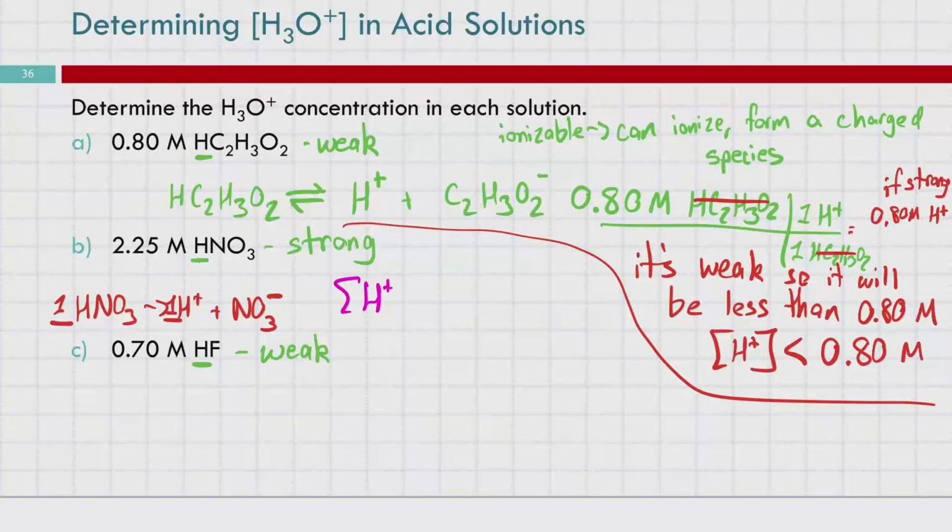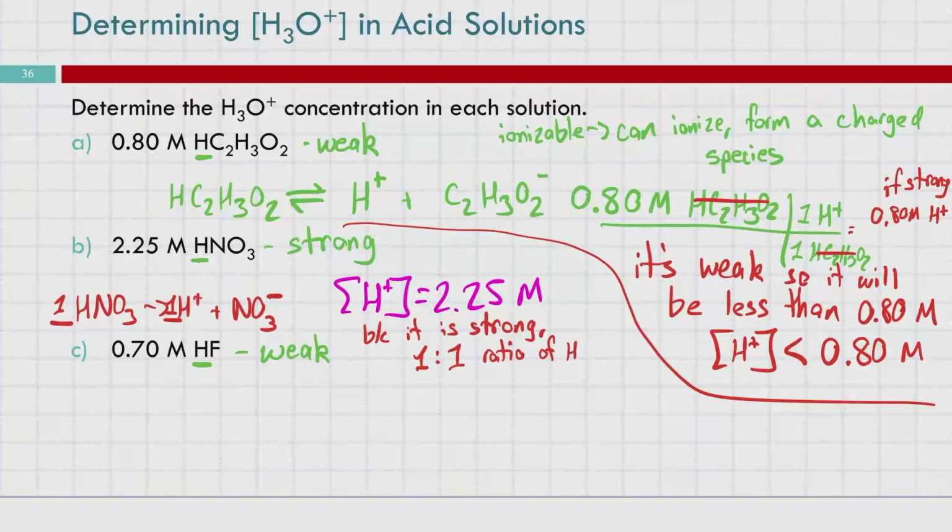Concentration of H plus equals 2.25 molar, because it is strong, a 1-to-1 ratio of H plus to HNO3.